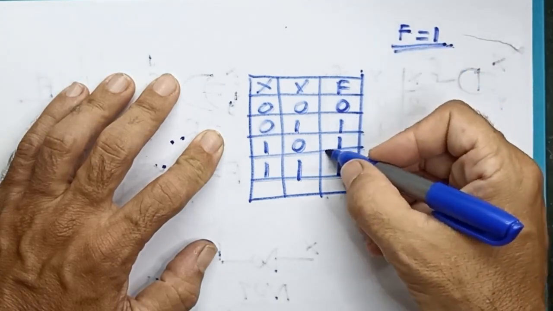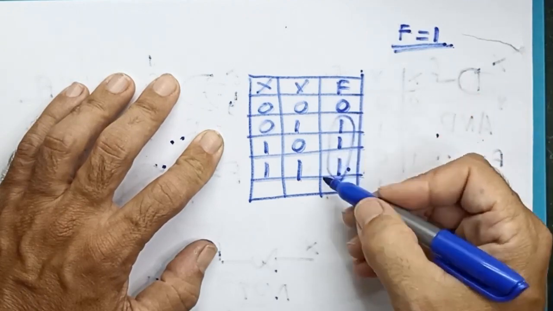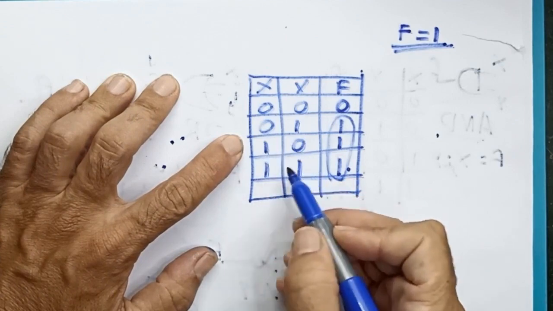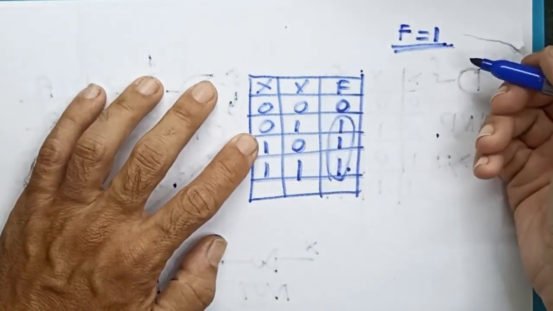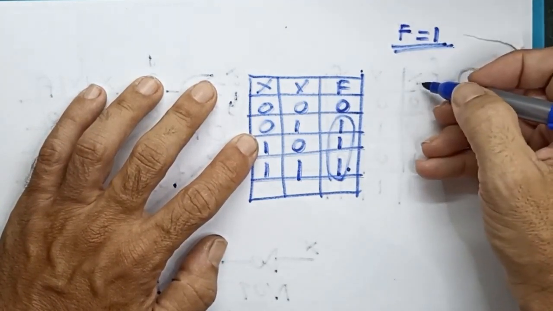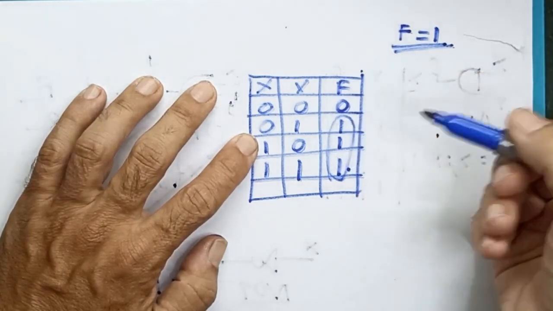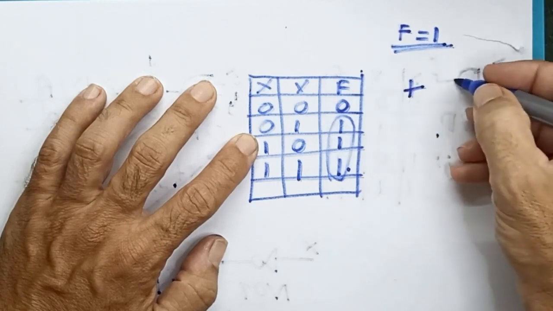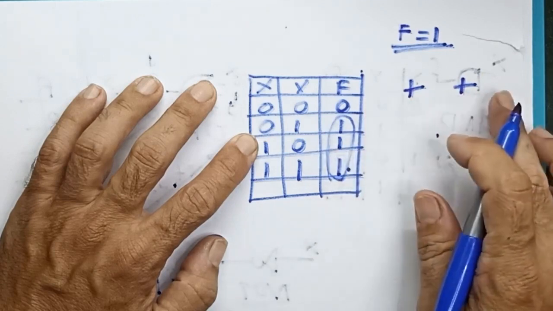We see in these positions where f is equal to 1, and now we look horizontally at x and y in each row separately. Since there are 3 combinations that give us f equal to 1, we will create 3 products with x and y, meaning I will multiply x and y horizontally in each row and then add them all together.